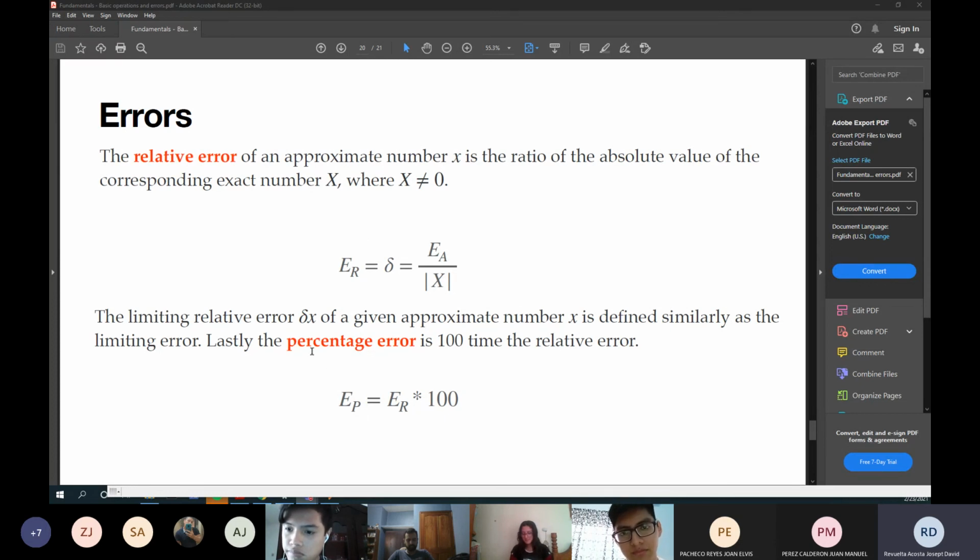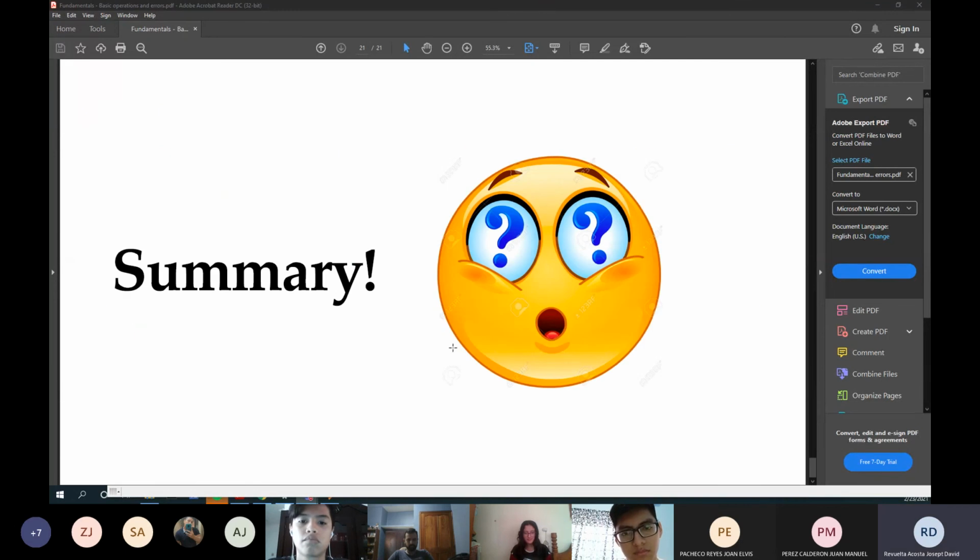And lastly, we define the percentage error, which is a function of the relative error. And that's it. So that's what I was preparing for this class, guys. I hope you understood mostly everything. And if you have any question, it's time to ask it.